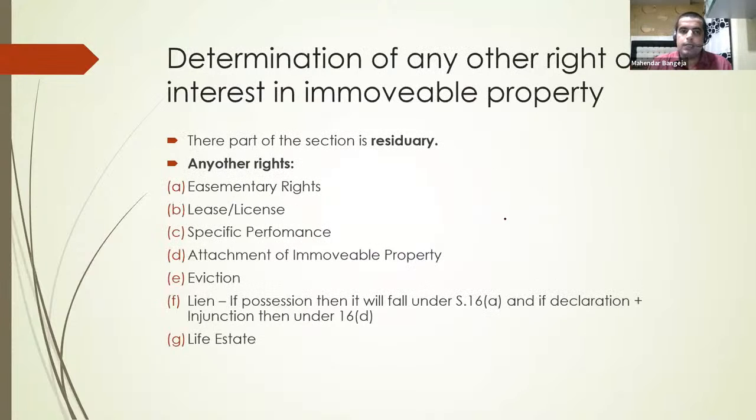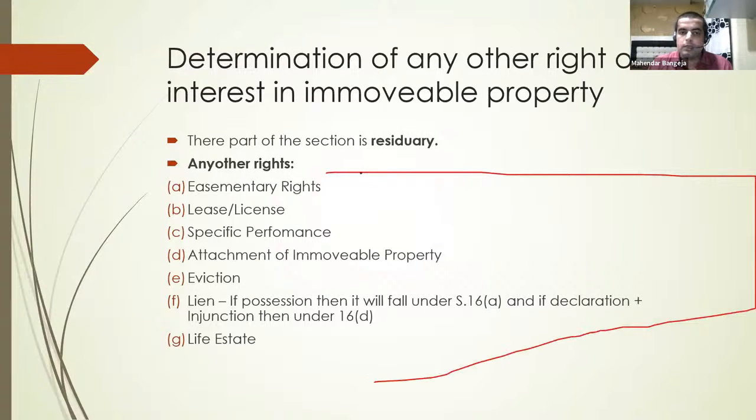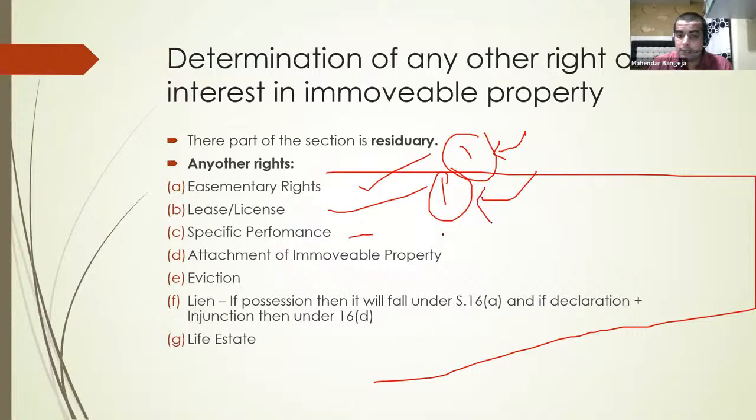Now they mean these rights. First is easementary right, lease and license. So in easementary right, you will file the case where the property is situated. In lease and license also, you'll file the case where the immovable property is situated. Even in the specific performance of the immovable property. For example, you are to file a case for immovable property on the basis of a contract.